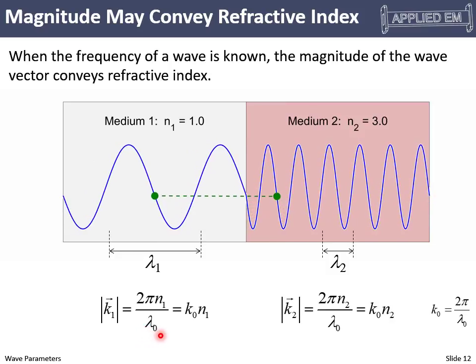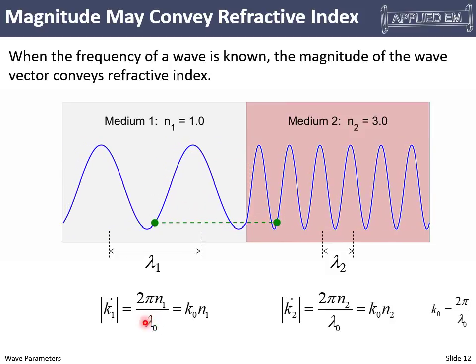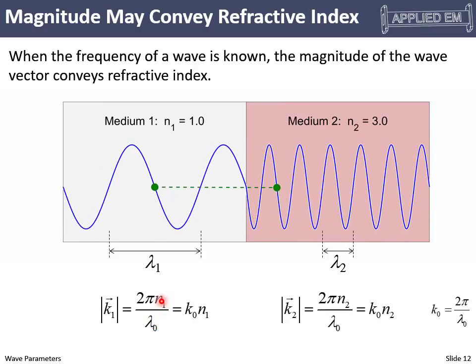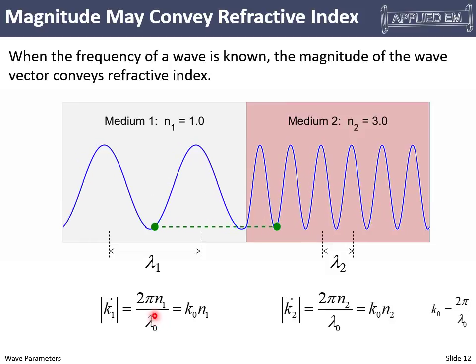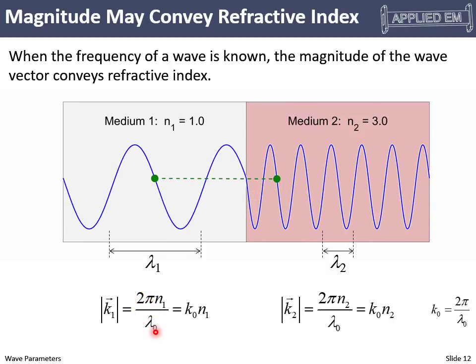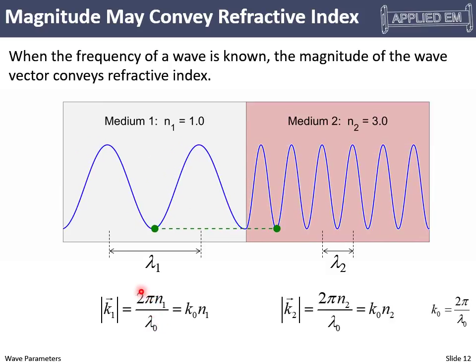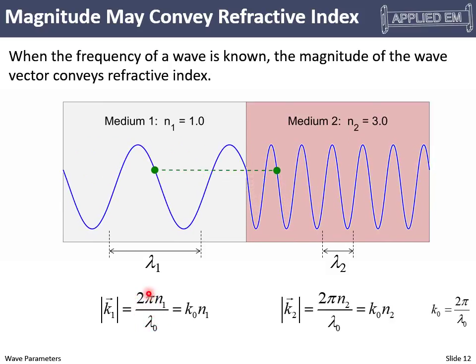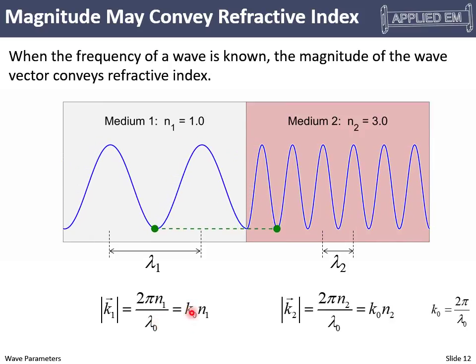So instead of saying lambda, we're going to put this in terms of lambda naught, but we have to divide this lambda naught by n1, so that really we just have a lambda down here. But at this point, we have a 2 pi over lambda naught. That would be the magnitude of our wave vector in free space, or in a vacuum. We write that as k naught.